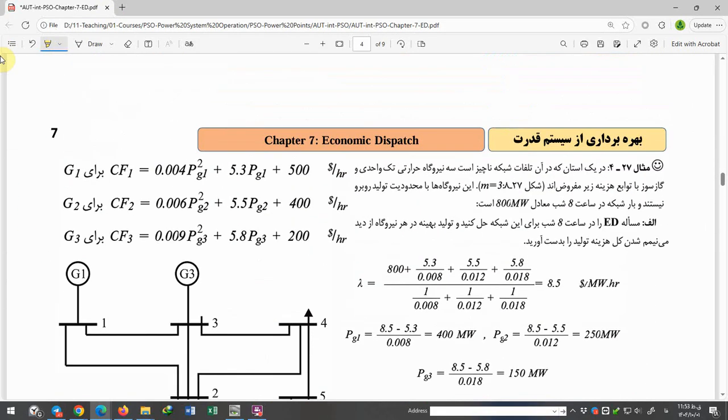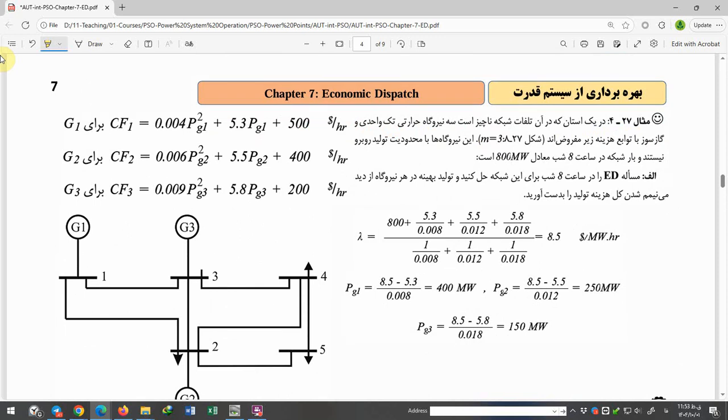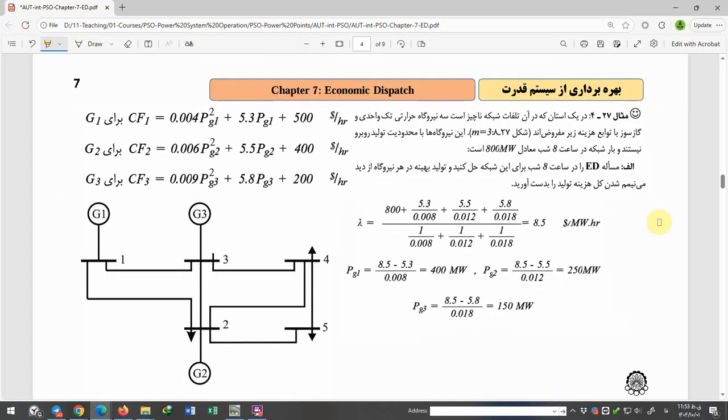So in this chapter we have many examples to find the problems easily.